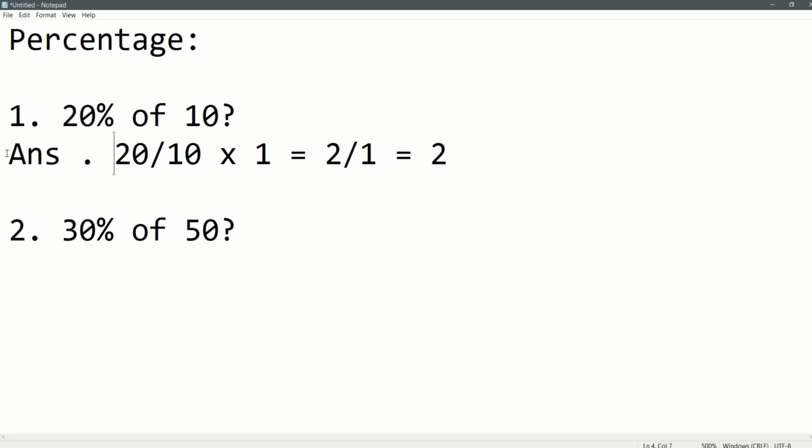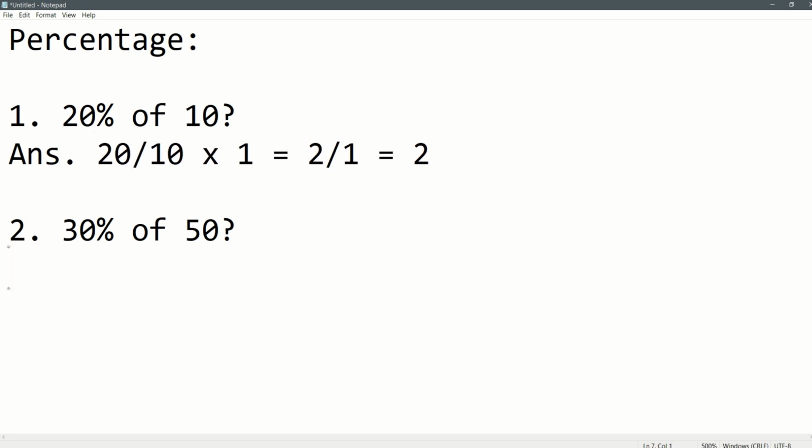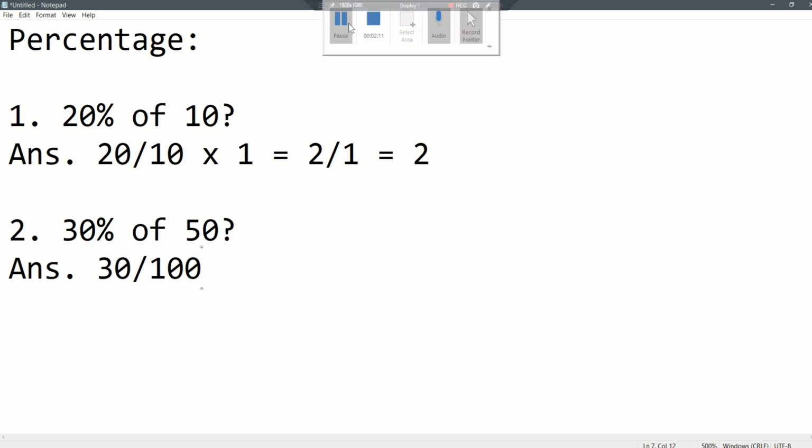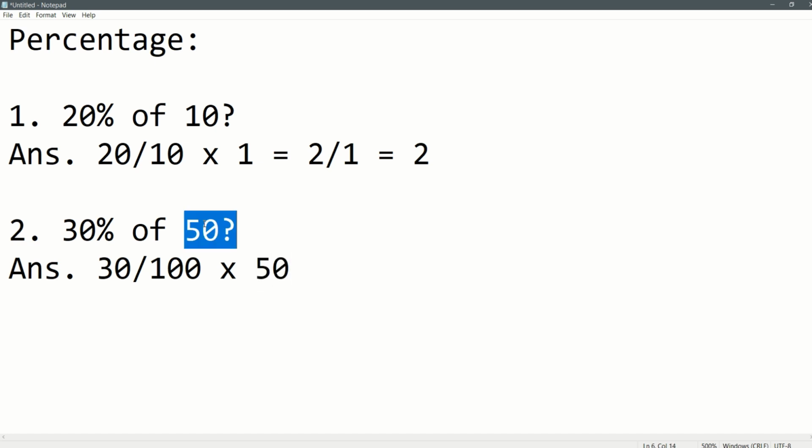I'm also going to write the answer. Now I'll be typing in 30%. So 30 is placed over here, 30 upon 100, and after that we will multiply it by 50, because we have to calculate 30% of 50. Now what is the answer?